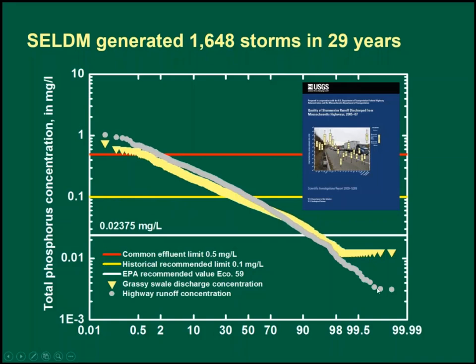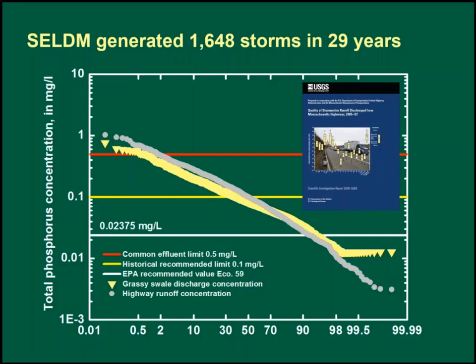So we can use that to look at the risk of exceeding water quality standards, for example. So we have total phosphorus concentrations on a log scale on the vertical axis, and this weird scale is a probability scale on the horizontal axis, and that stretches out the risks at the tail ends. Because what do we care about? We care about floods and droughts, and we care about the highest concentrations, usually the highest loads out at the end.